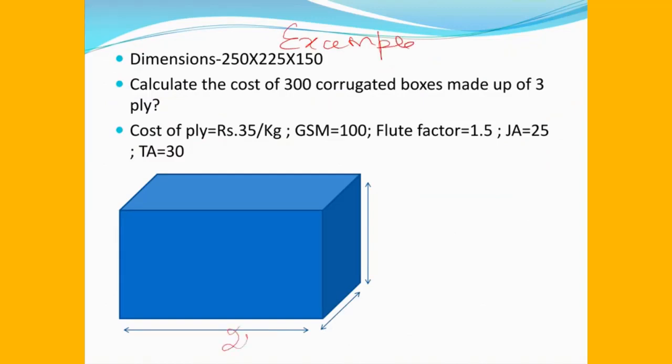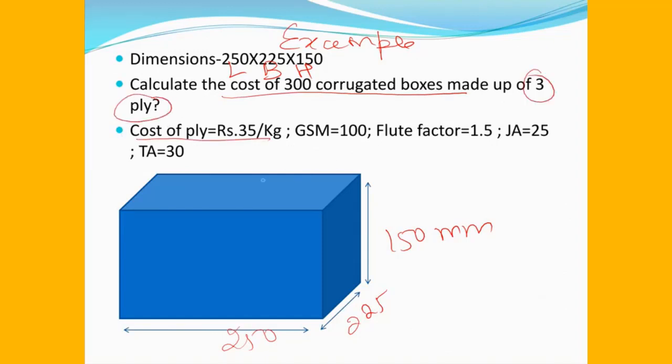So the dimensions, if you see, 250 into 225 into 150, that means width, depth and height. So calculate the cost of 300 corrugated boxes made up in 3 ply. Cost of ply is 35 rupees per kg, GSM is 100 GSM, and the flute factor is 1.5.